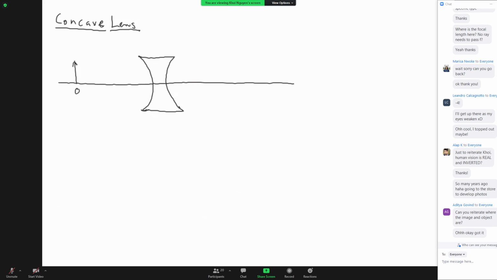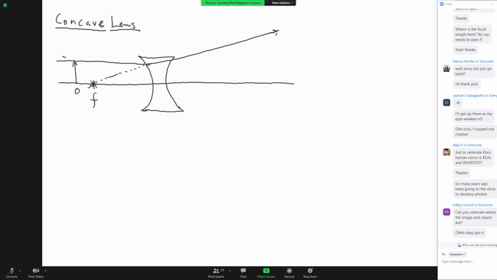So here's your object. Parallel light rays that come in will refract light going outwards. Sorry, that's not correct. Where those light rays extrapolate back, we create our focal point.